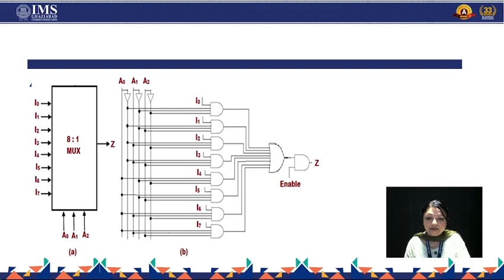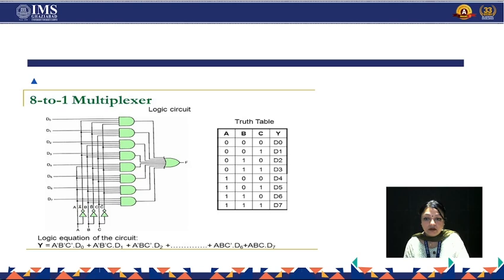For making this type of circuit, we need 8 AND gates, 1 OR gate and 3 NOT gates. The 3 NOT gates take the value of the selection lines. The combinations of selection lines go from binary number 0 to 7. This is the truth table for the 8 to 1 multiplexer.